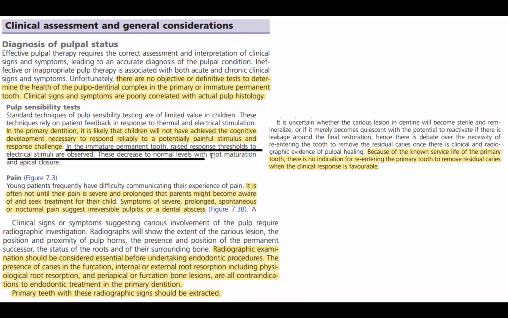When you have pain, especially young patients, they have a lot of difficulty communicating their experience. It's often seen that patients, especially young children, will only come to you when they have an abscess. And if you ask their parents, do you notice there's a pimple around that area or a sinus? They say, yeah, it's only now we noticed it because he hasn't complained of anything.